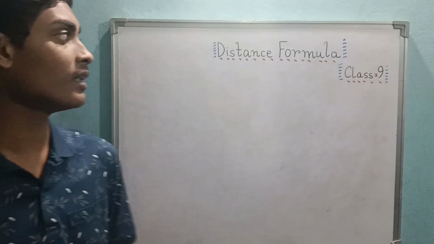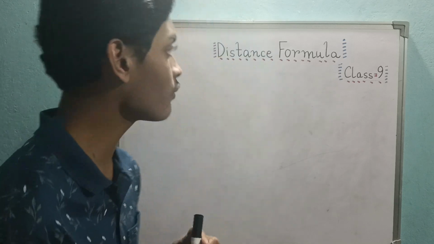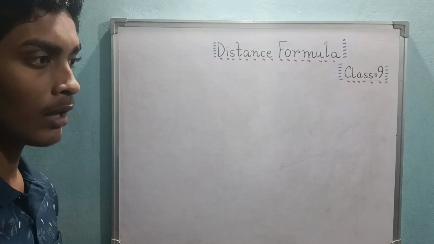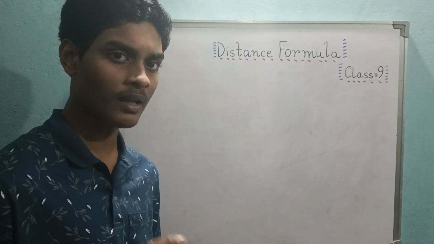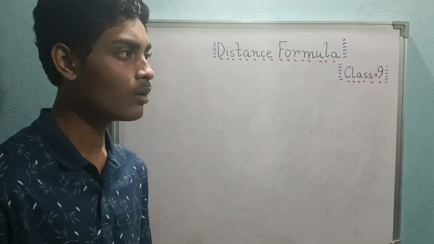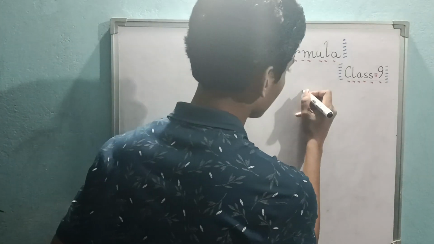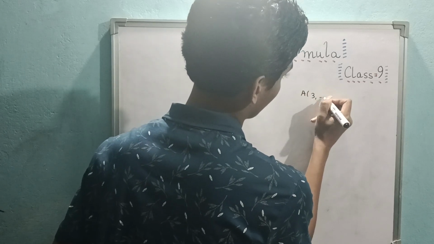And with that, I begin the new chapter for class 9. This one video chapter, distance formula, as the name suggests, has one formula. Many of you are accustomed to coordinate geometry, where suppose the point A is 3 comma minus 2.